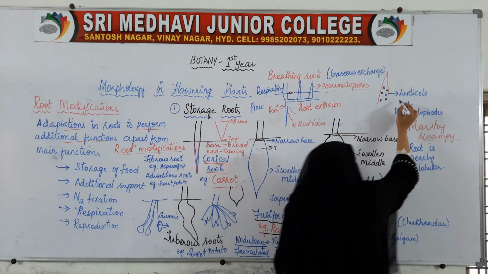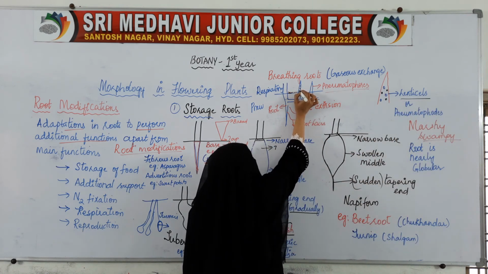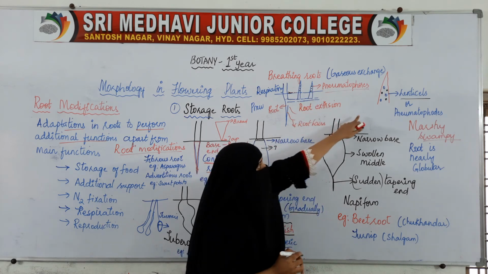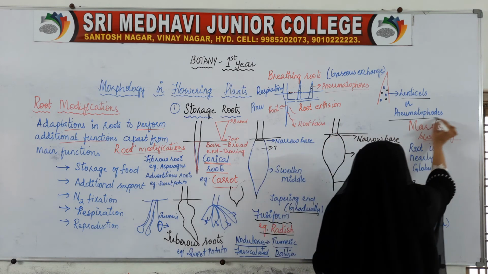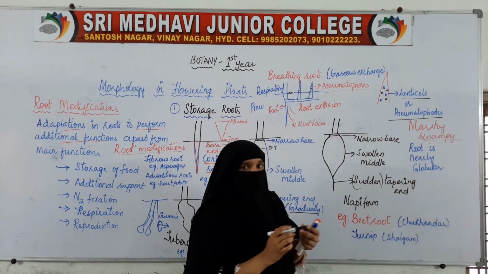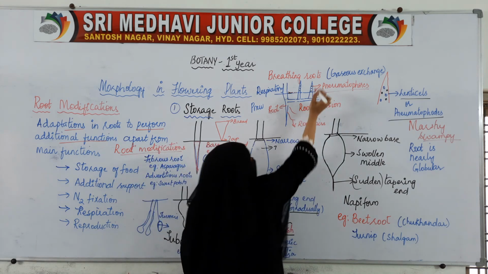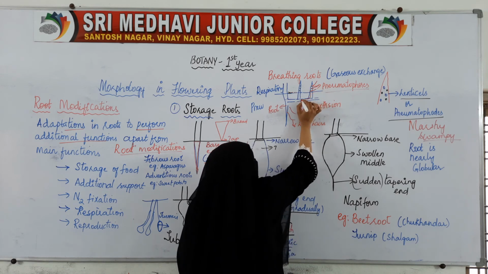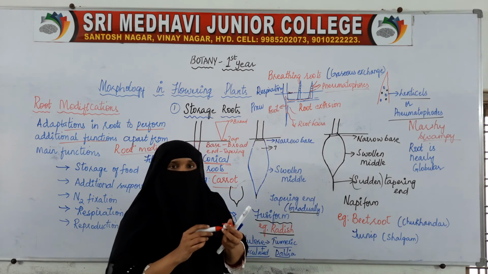These are called lenticels. Because of these pores, the air from the atmosphere will enter inside, and the roots will be able to respire.